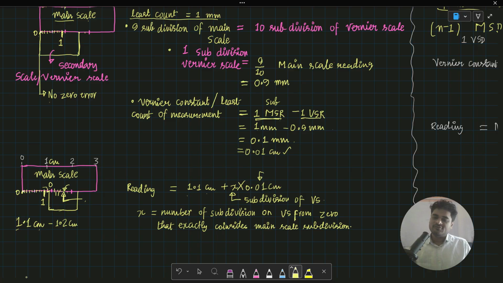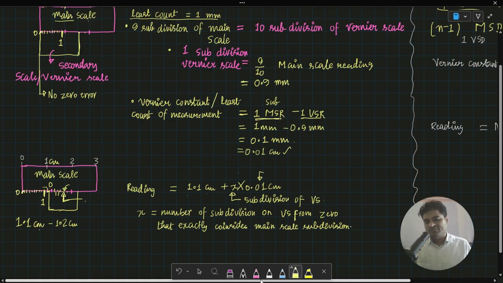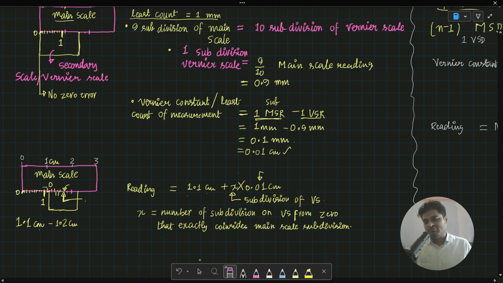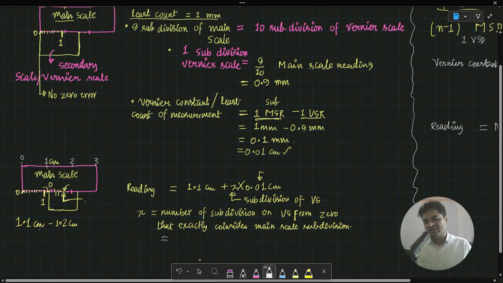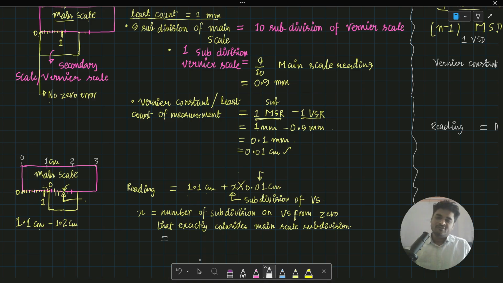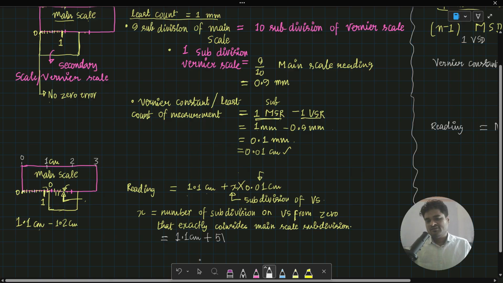Hopefully this makes sense. So in case, let's say we have found out that x, the subdivision on the vernier calipers, is 5 subdivisions that exactly match with the main scale, the reading will become 1.1 centimeter plus 5 into the least count of the vernier scale.